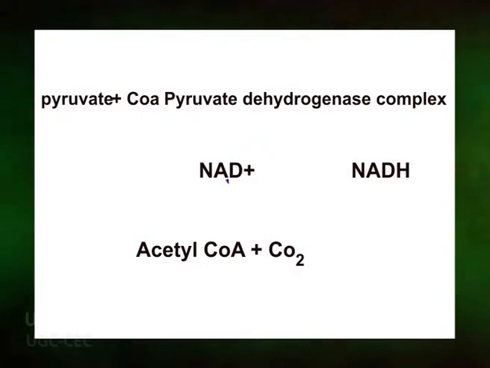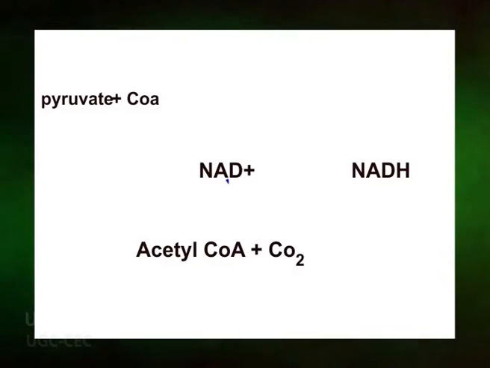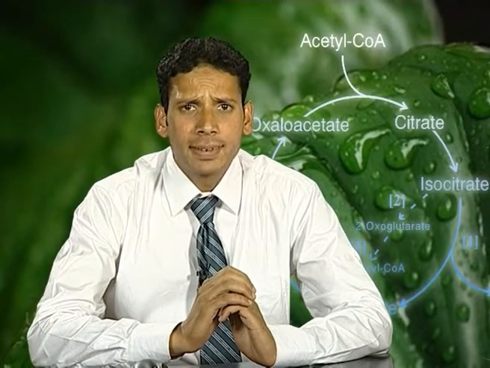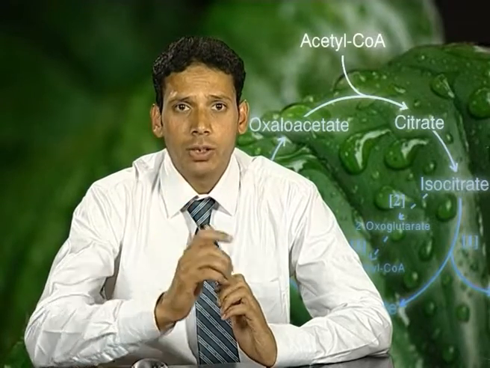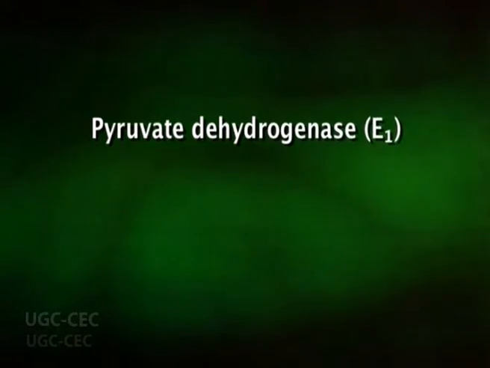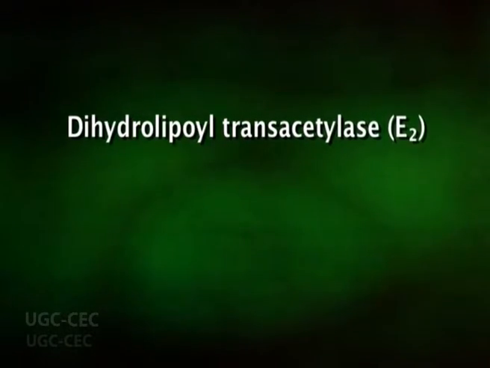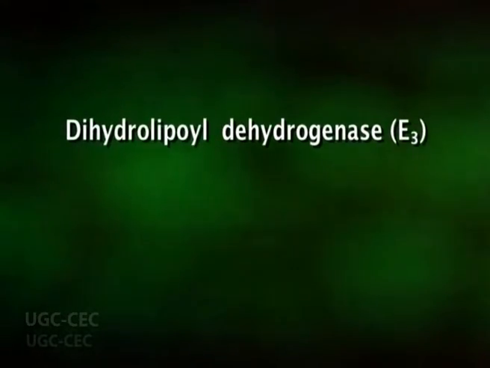Pyruvate combines with coenzyme A in the presence of pyruvate dehydrogenase complex to give acetyl coenzyme A and carbon dioxide. NAD positive gets reduced in the reaction to NADH. Pyruvate dehydrogenase complex is an assembly of 3 individual enzymes: pyruvate dehydrogenase represented by E1, dihydrolipoyl transacetylase represented by E2, and dihydrolipoyl dehydrogenase represented by E3.